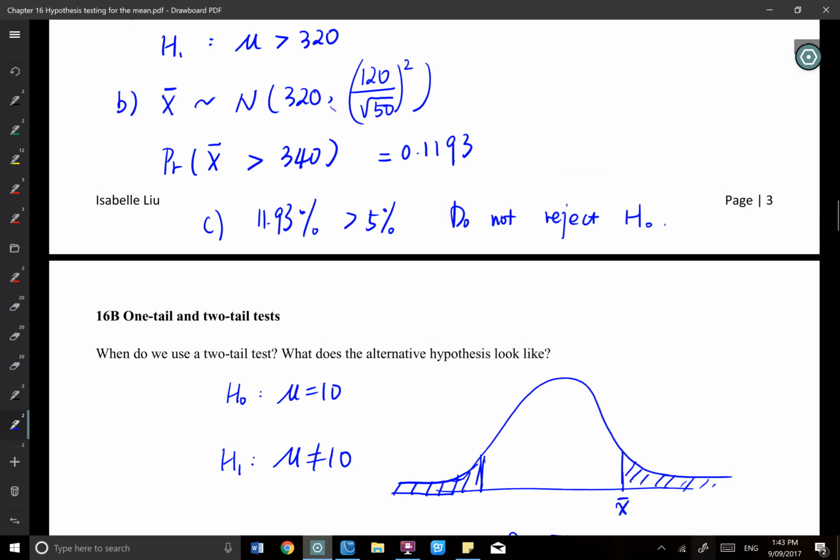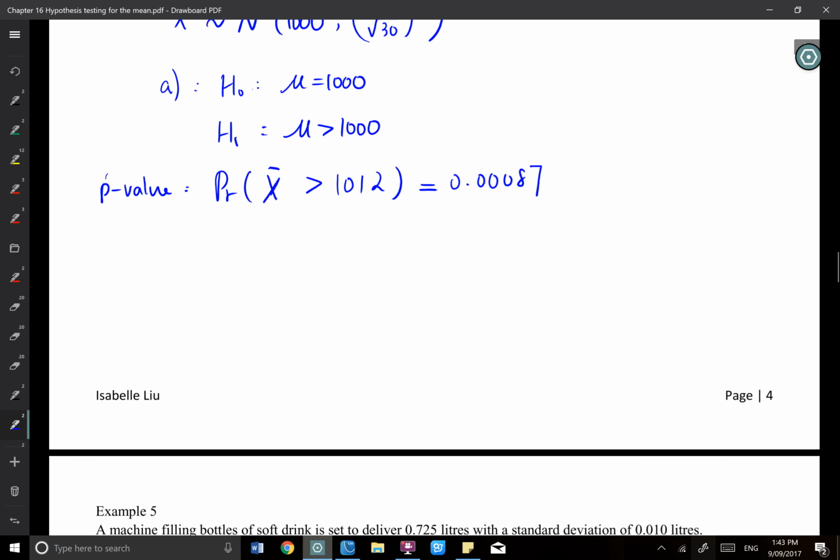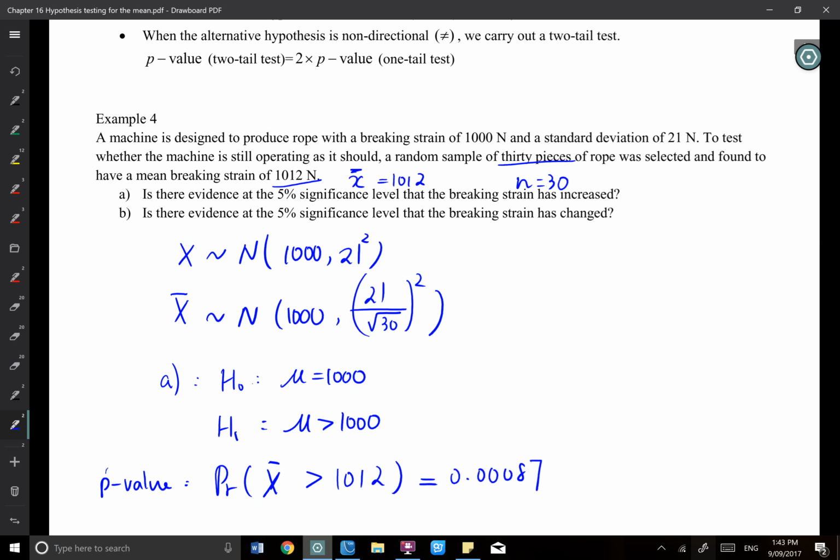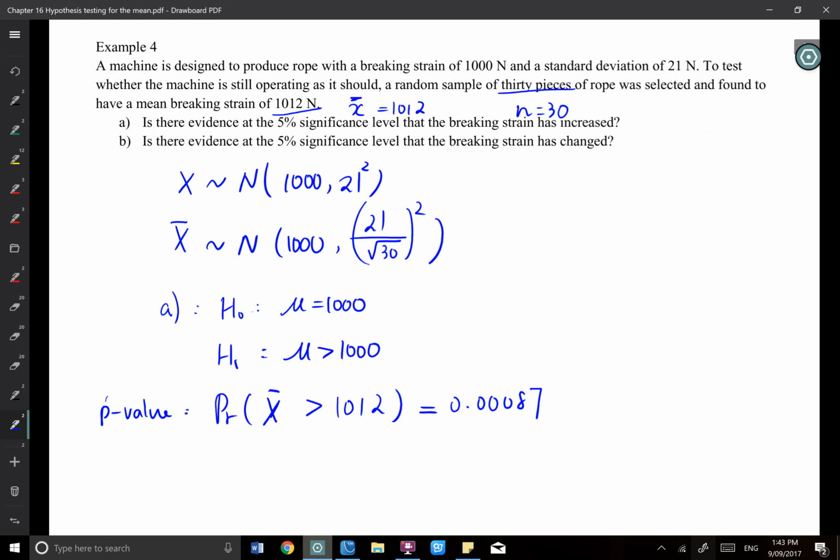Less than 5%. Because the purpose is to show the value you get is not that easy to get. Then I will go back to suspect that there must be something wrong. For example, in this question, the value equal or greater than 1012 only has a 0.087% chance of occurring. It's a very, very low chance. Then I say, well, it's not because of the sample variance, it's not coincidence.